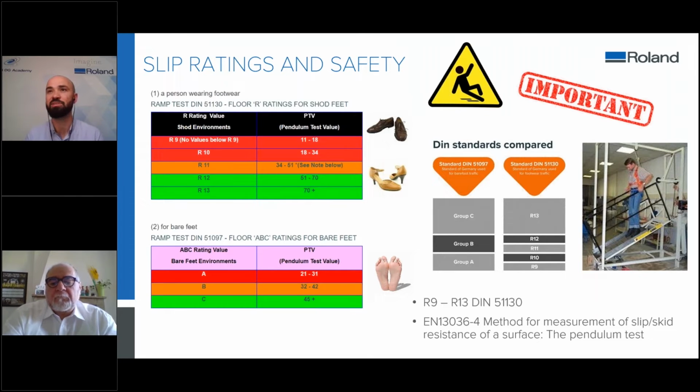So that graphic on the right hand side there of a gentleman on a ramp, that's how they do the testing. So somebody will walk onto this material at different increments of angles, and when they slip, that's the slip rating. So R9 is the lower rating and R13 is the highest rating that you can get.